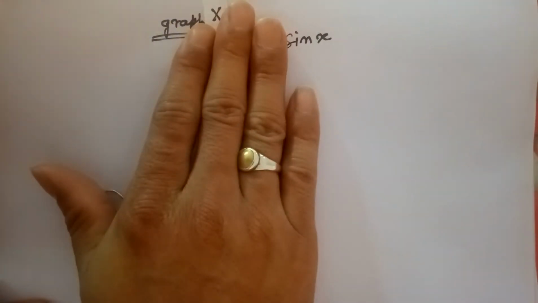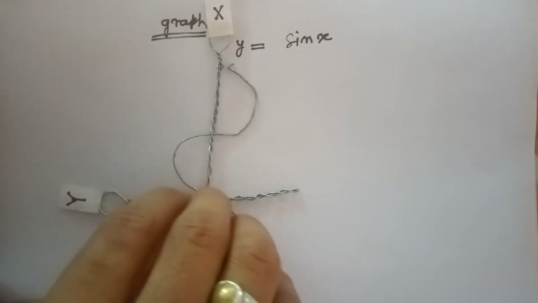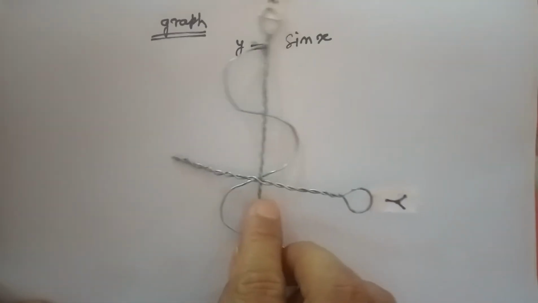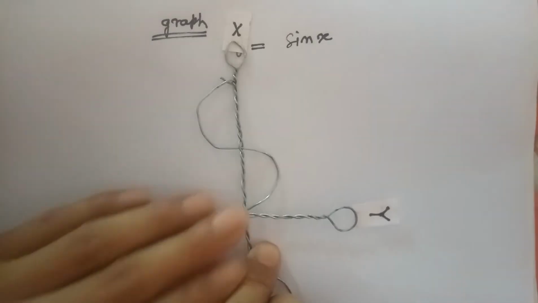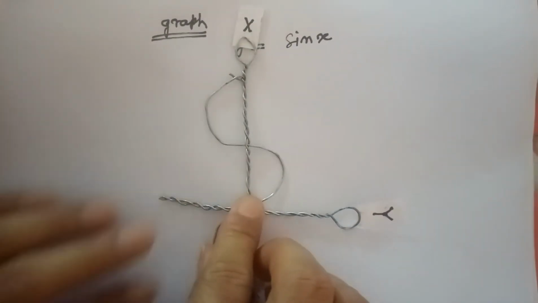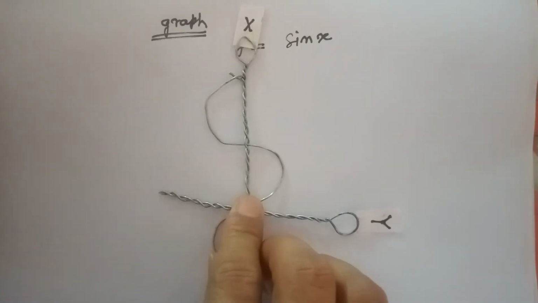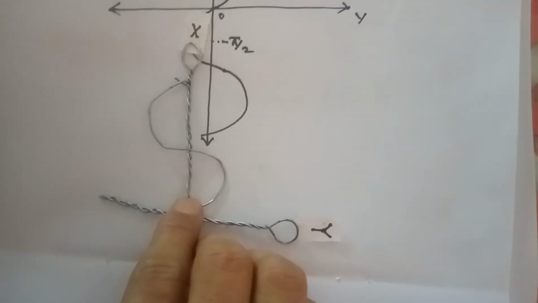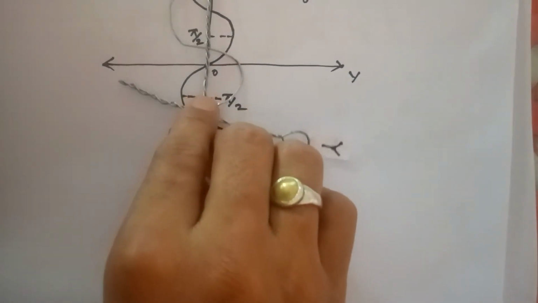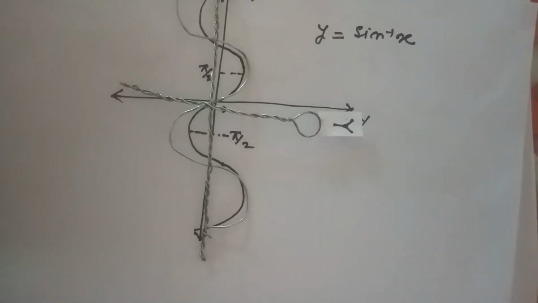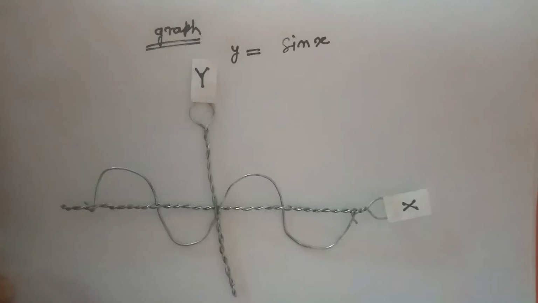If I reverse this, what will I get? I will get it like this. Now this is y, this is x, and this is the sine inverse graph.